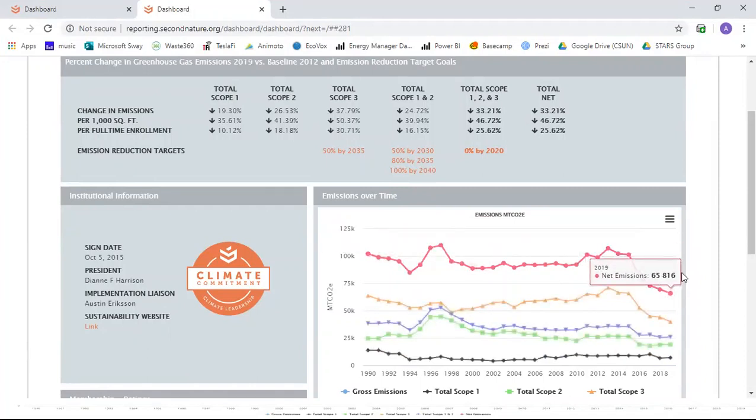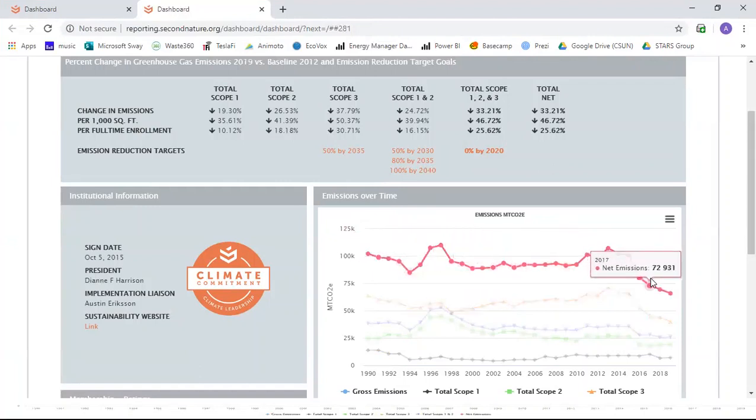And the year we just reported in was 2019. Our overall trend is going downwards, which is obviously where we want to be. We're looking at a total of 65,000 metric tons of CO2e compared to our baseline year of 102.